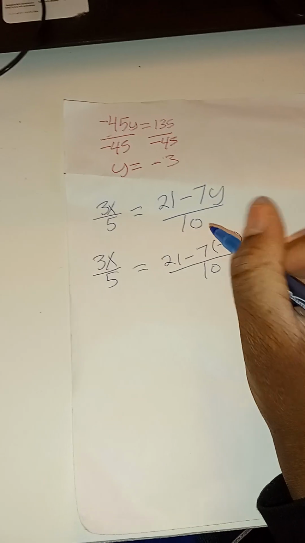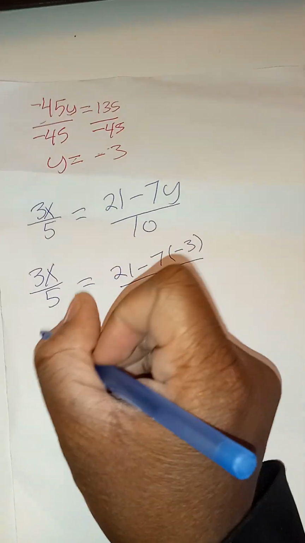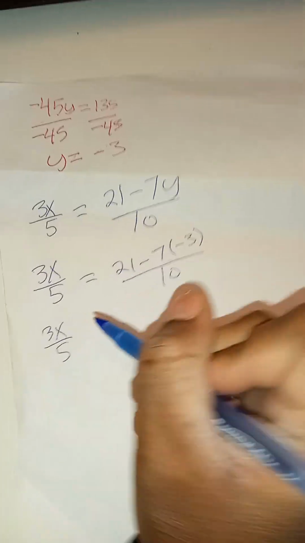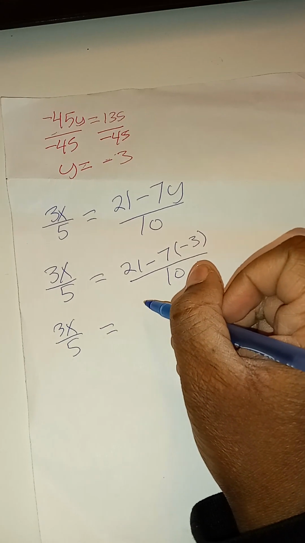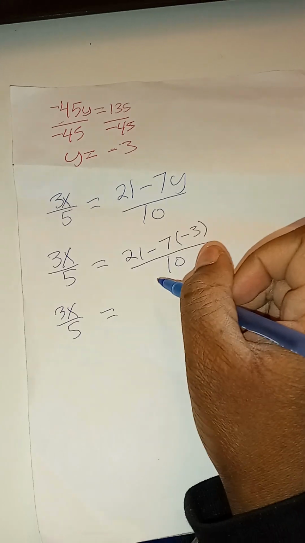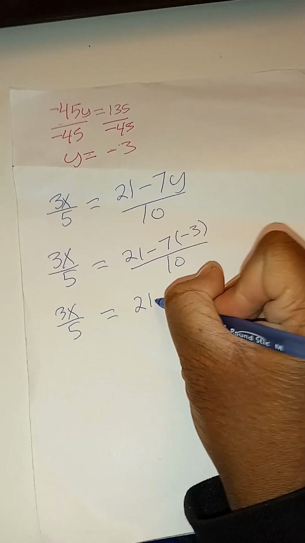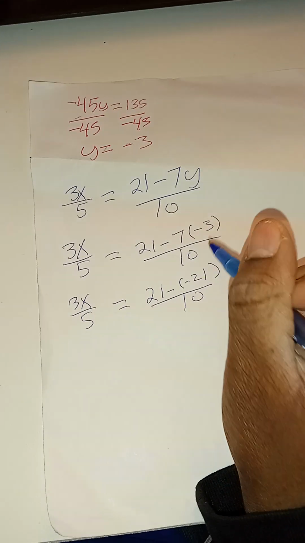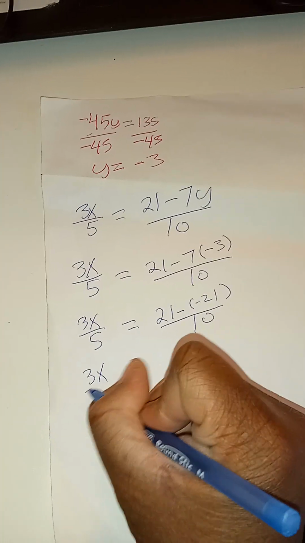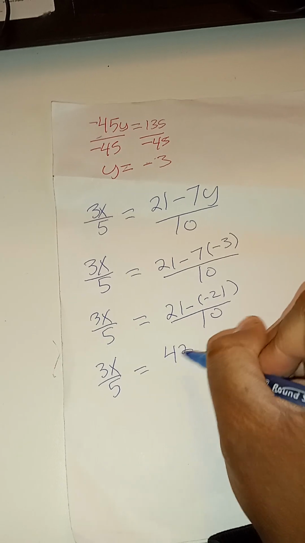And the y gets replaced with negative 3 because we found the solution for y. So 3x divided by 5 is equal to 21 minus a negative 21, all over 10. So 3x divided by 5 is equal to 42 over 10.